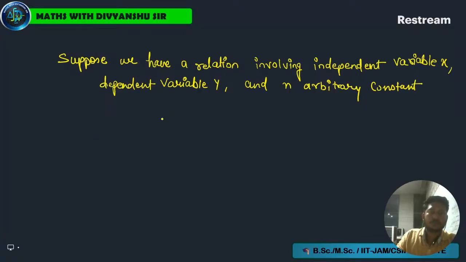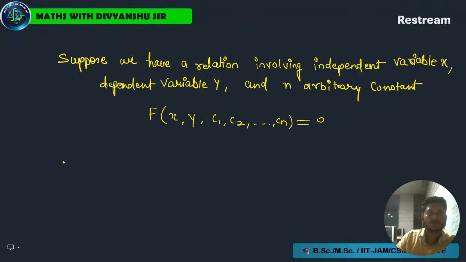Suppose the relation is like this, where x is our independent variable, y is our dependent variable, and some arbitrary constant like c2 equal to 0. So here x is our independent variable, y is our dependent variable, and the c2 term is our arbitrary constant.